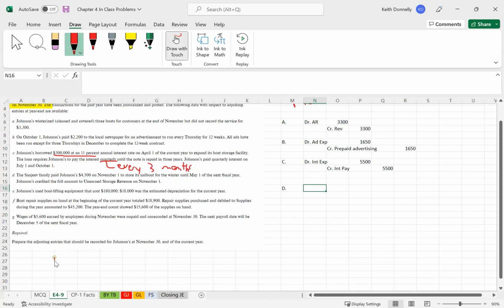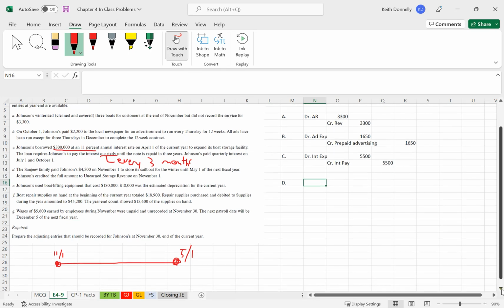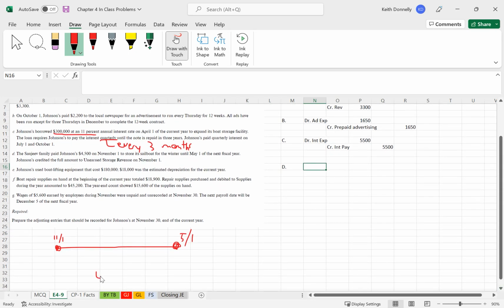So on 11/1, somebody came in, gave us money, and said, hey, for the next 6 months, until May 1st of next year, a 6-month period, we're going to give you the money now and take care of it.